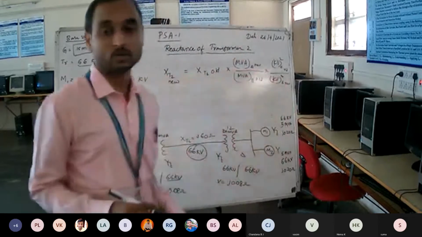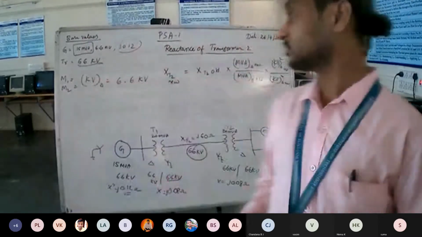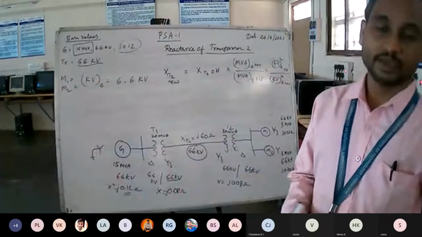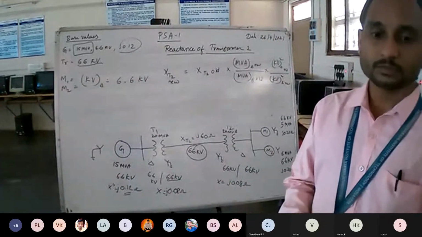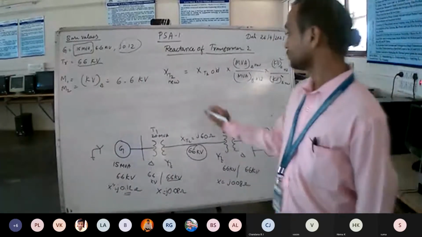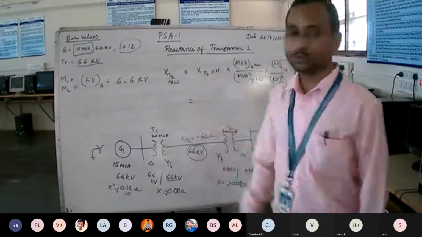For transformer 2, Hema, what is XT2 old?